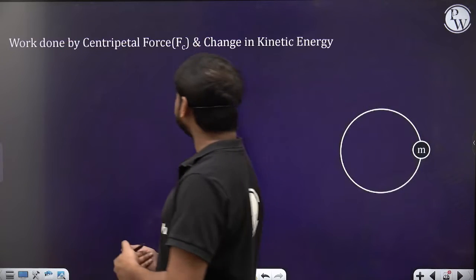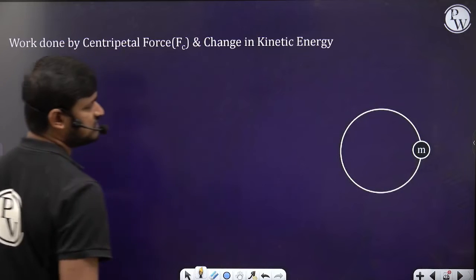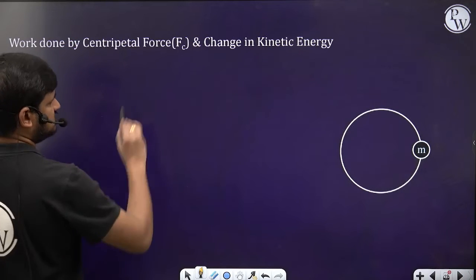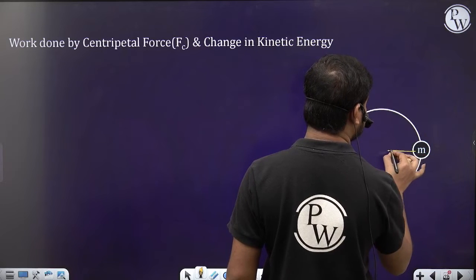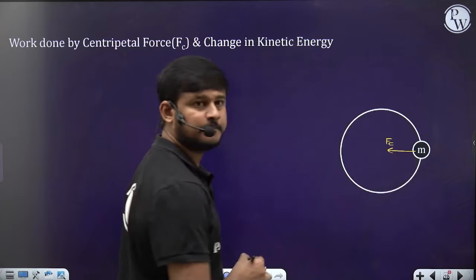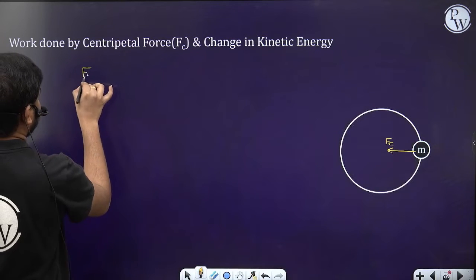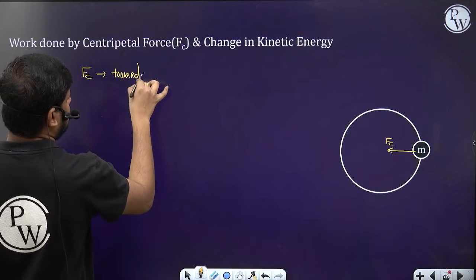Now, the work done by centripetal force and change in kinetic energy. See here, if the particle is moving in the circular path, the centripetal force Fc is acting towards the center.